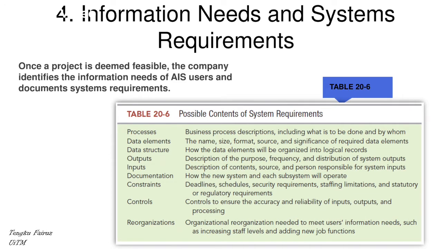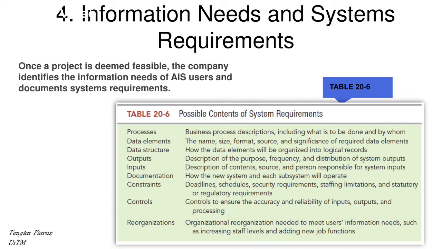For example, under process, they will describe the business process, including what is to be done and by whom. They give detail on the requirements related to the business process. Other things that must be included are data elements, data structure, the output, input, documentation, constraints, control, and reorganizations.